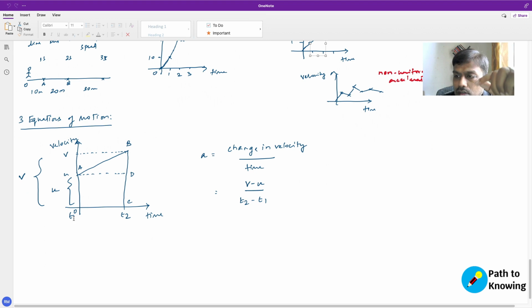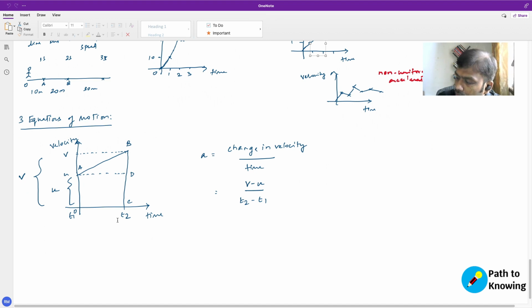Now, if you notice here, acceleration is only concerned with the difference in time, I mean, between your starting time and your ending time, right? So you don't have to keep it as t1 and t2. We can consider this as 0 and t, right? So it's only the elapsed time that we're concerned with to find the acceleration.